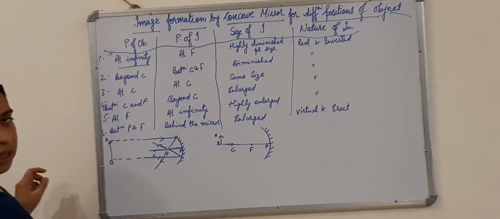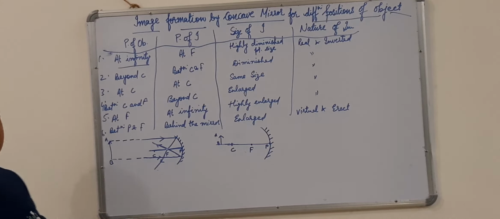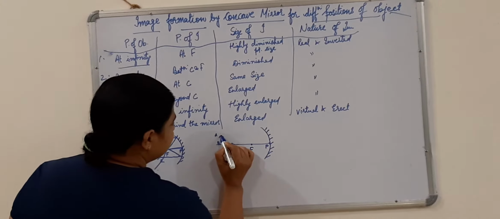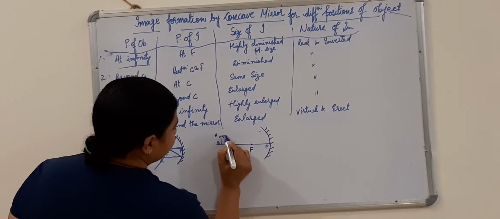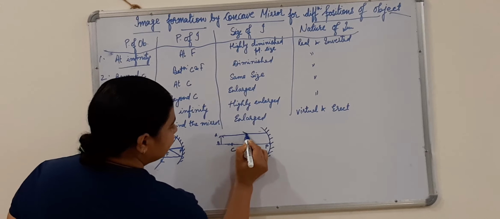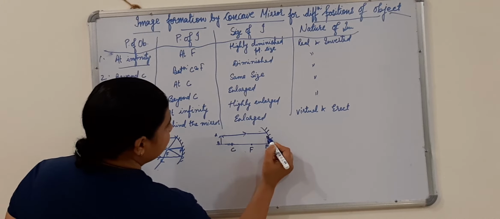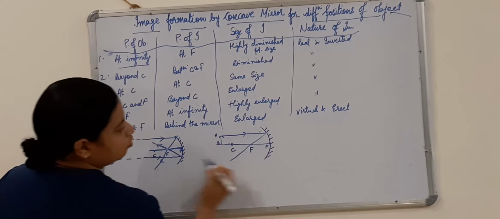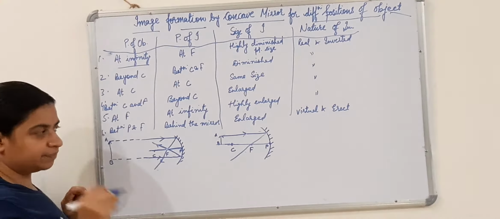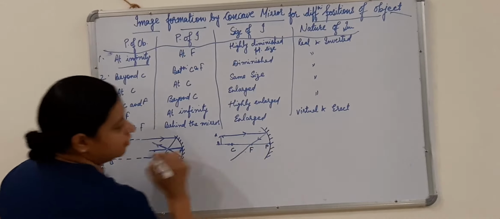Now, it is very easy to take 2 rays. Let me take this parallel ray. The ray will hit the mirror, and after reflection, it will pass through the focus. This is your reflected ray.